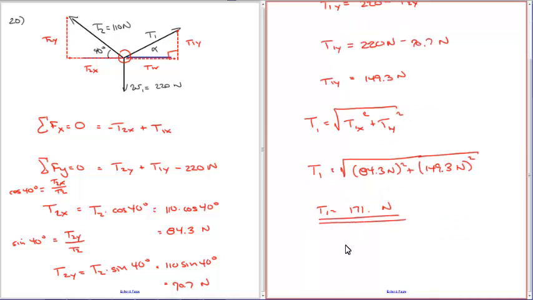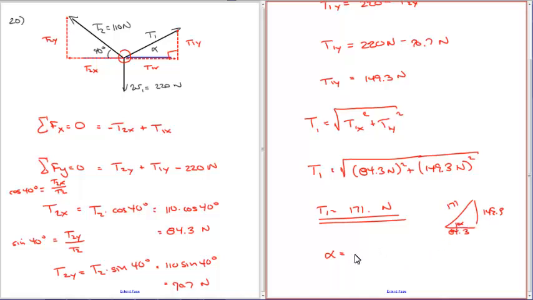And then the angle, alpha, we can use any one of the trig functions because we have all the sides of the triangle. The sides of the triangle are 149.3, 84.3, and 171. This is the angle alpha, so we can use the tangent.